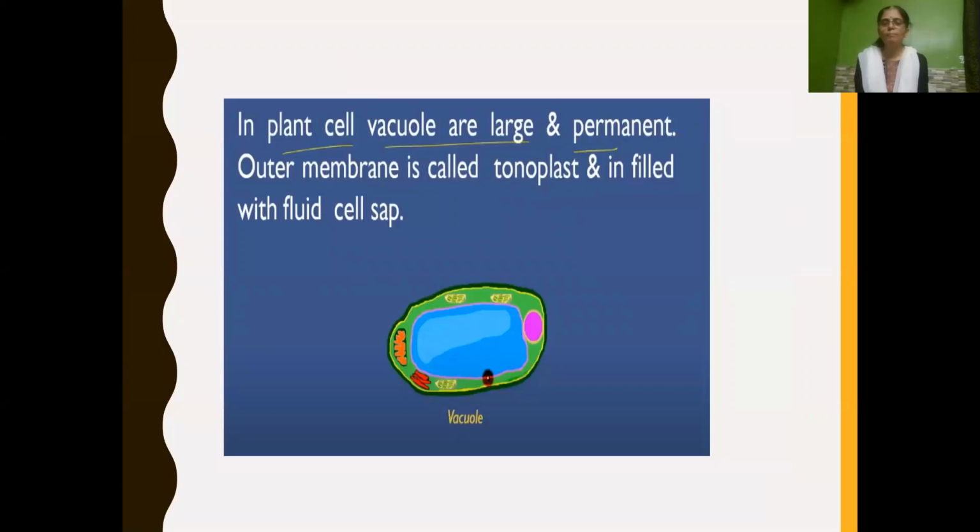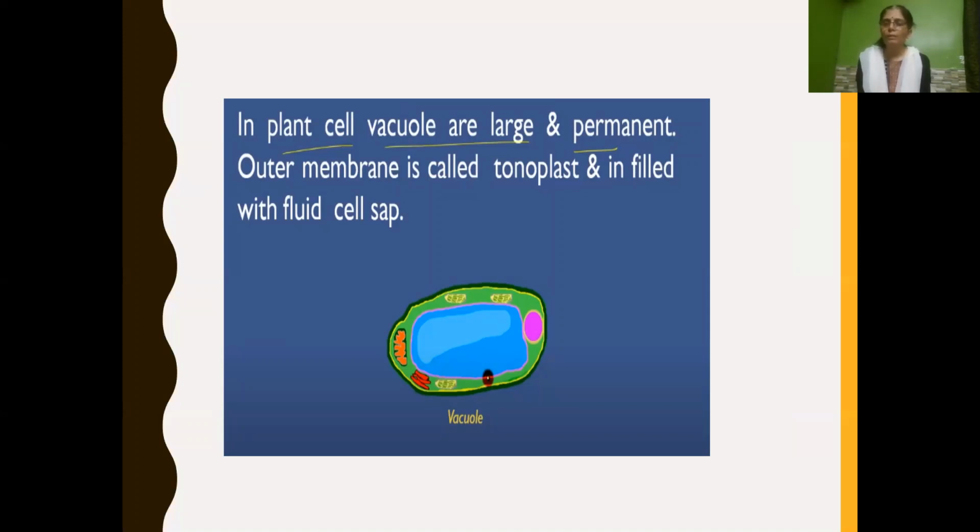And see here, in the plant cell, as we have seen in the previous figures, you can see inside the light blue color, deep inside, a large empty space filled with nothing inside, that is called a vacuole. Plant vacuoles are large and permanent.